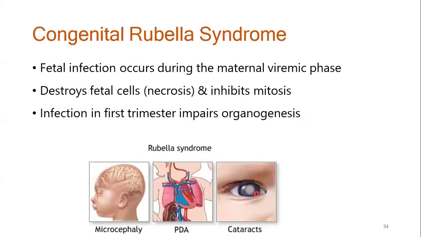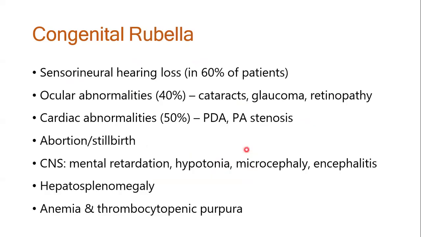In cataracts, as you can see here, there is a haze, or we call this leukocoria, this whitish part of the eye is what we call the cataract. Then cardiac abnormalities, PDA, or pulmonary artery stenosis, abortion or stillbirth.